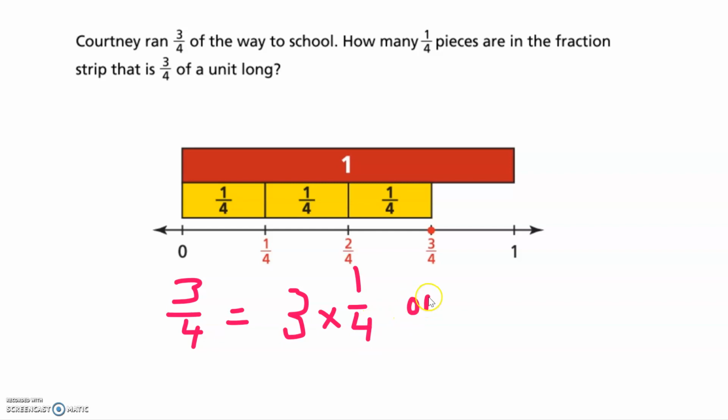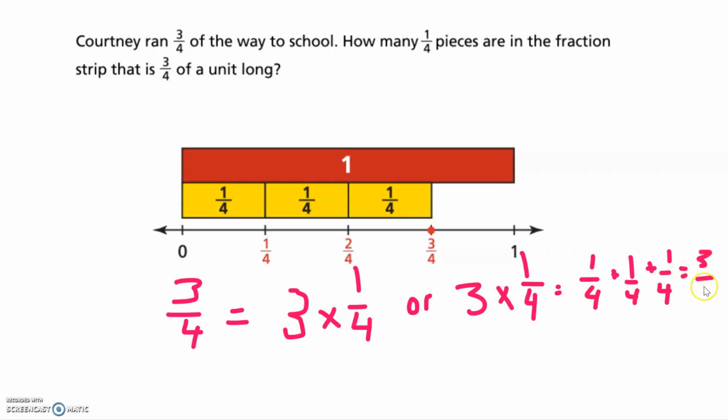Or I can write 3 times 1/4 is equal to 1/4 plus 1/4 plus 1/4, which is still going to give me 3/4.